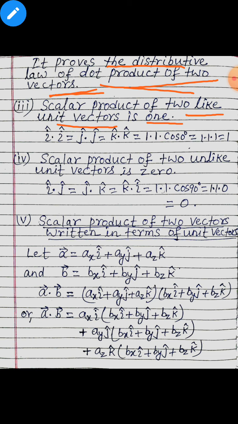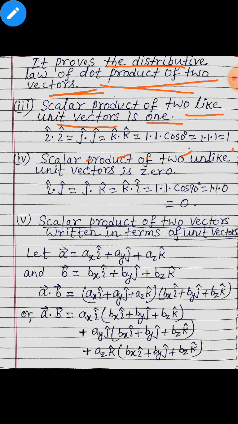The dot product of two like vectors, i dot i, is equal to j dot j, equal to k dot k, equal to 1 into cos 0 degree. It is 1 because the unit vector has magnitude 1, therefore 1 into cos 0 degree, and the angle between them is 0 degree. Therefore 1 into cos 0 degree equals 1 into 1, which is equal to 1.